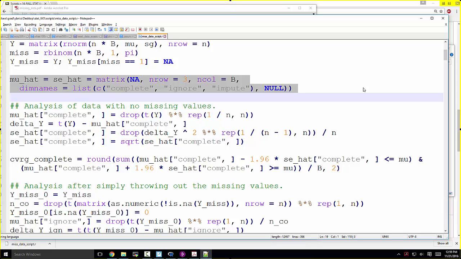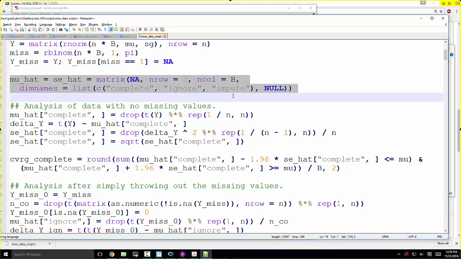We could use those complete observations, the subset for which we actually had a number, to compute mu hat and the standard deviation hat.